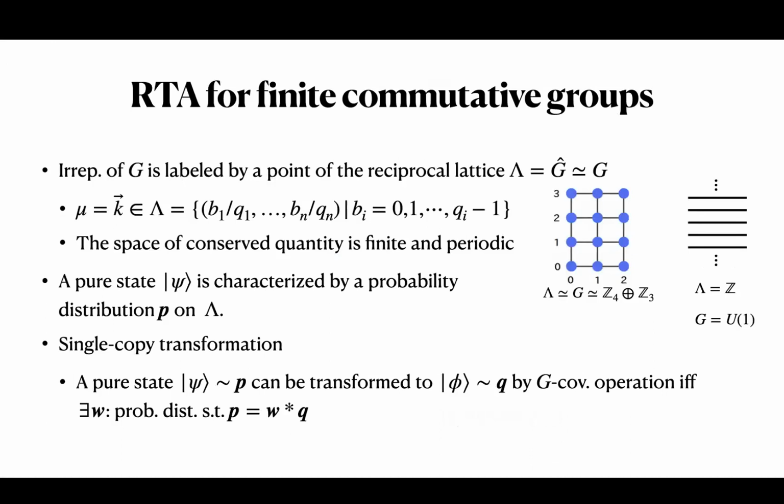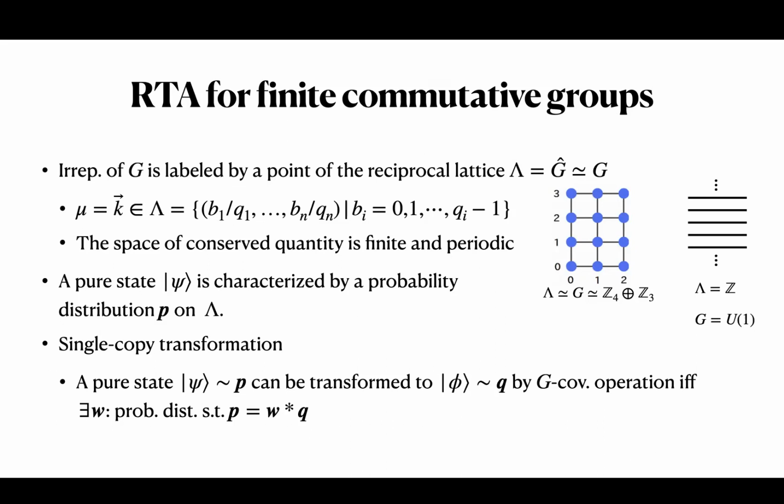And for such a group, an irreducible representation is labeled by a point of the reciprocal lattice G hat, but this is isomorphic to G, like this. So this means that the space of conserved quantity is finite and periodic.